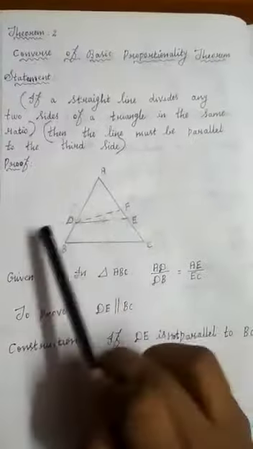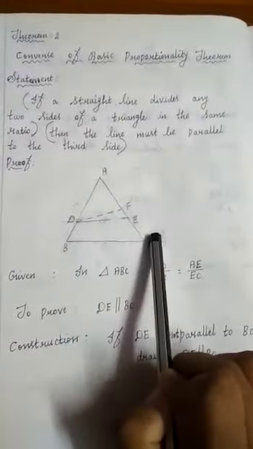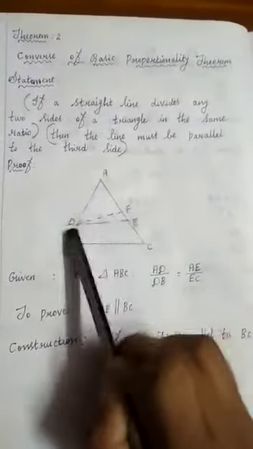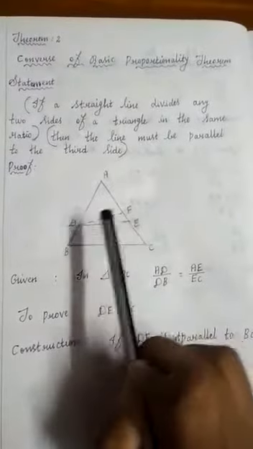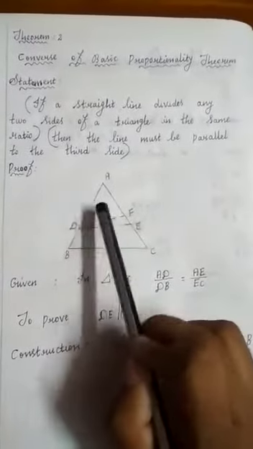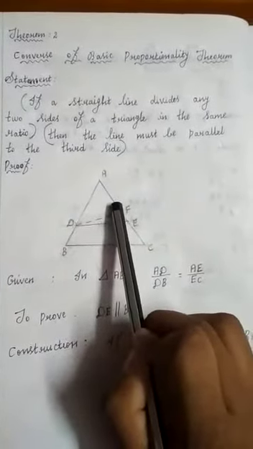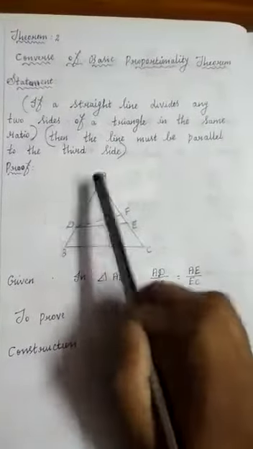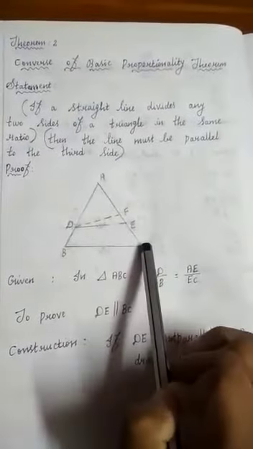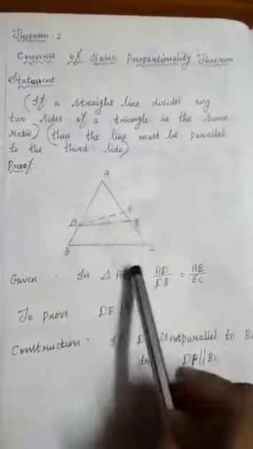This line divides which two sides? This side and this side only, at the point D and the point E. So this straight line DE divides two sides of the triangle in the equal ratio. That means AD divided by DB is equal to AE divided by EC. This is the given part in the converse of the BPT theorem.